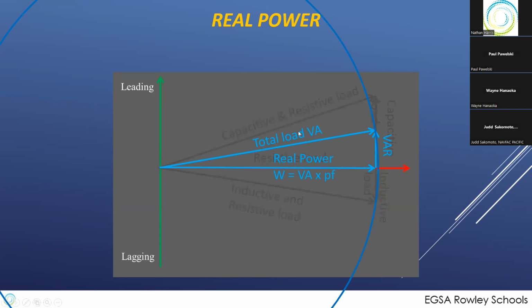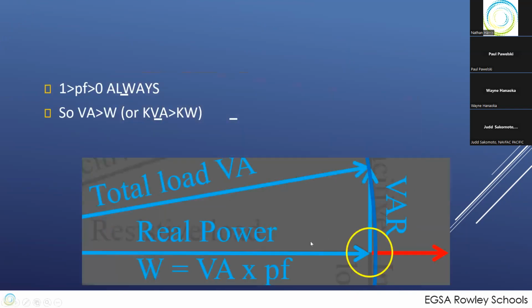Now here's the thing, if we look at this, it's a right triangle, right? And this line here, the total load of volts times amps, it's basically swinging out a circle depending on how you vary the amount of inductance and the amount of capacitance, which means if you zoom in, since this length is always the same to swing out the circle, this length is the length that gets shorter or longer.